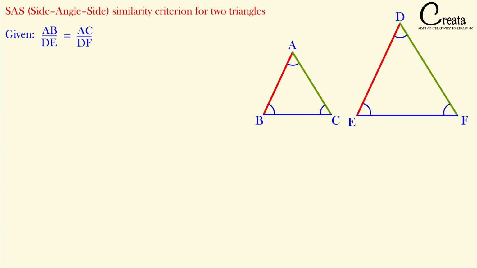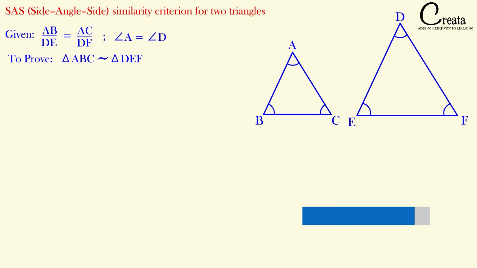The ratio of the corresponding sides is given as equal to each other. And the angle in between the two corresponding sides is also given as equal, that is angle A is equal to angle D. This is given in this theorem. And we have to prove the triangle ABC is similar to triangle DEF.